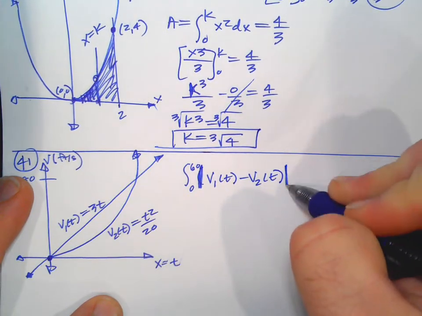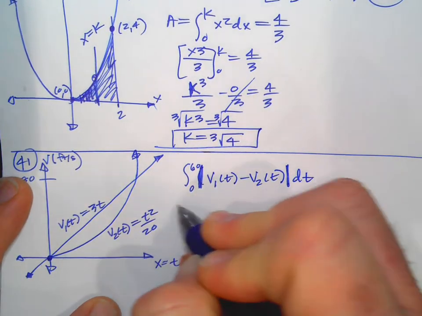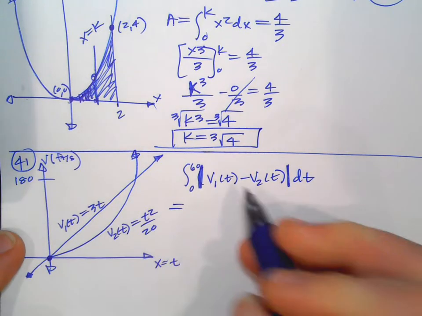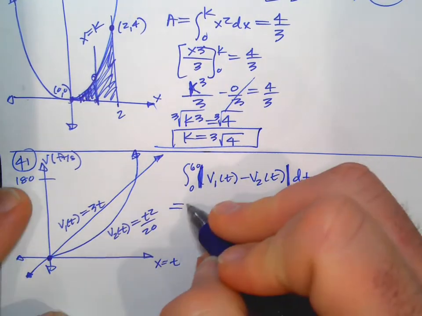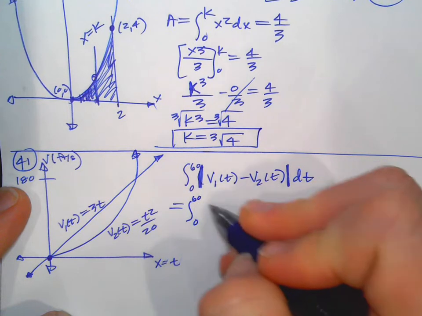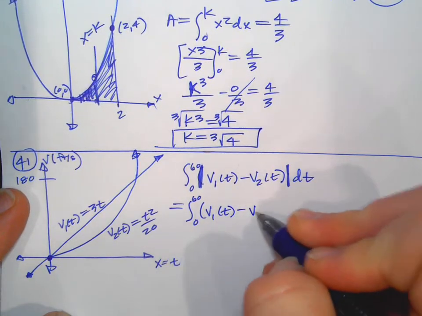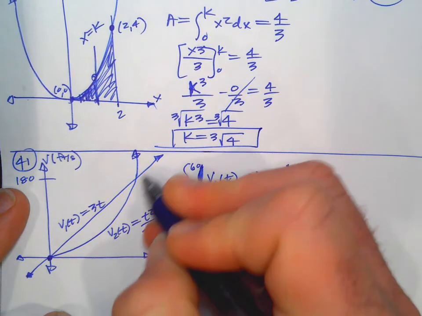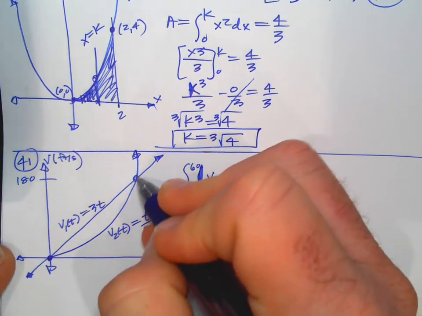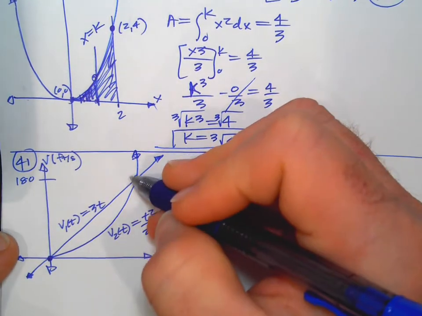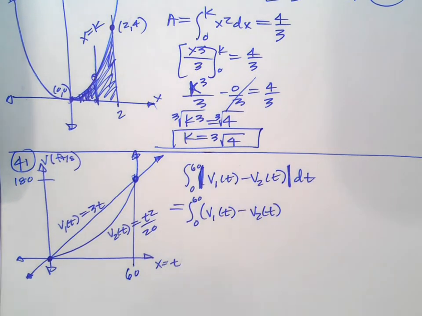Now, this is going to be a little simpler because we know how to make this positive for sure. So we don't have to do any of the tricky stuff. We can just say, oh, well, it's going to be velocity 1 minus velocity 2, because velocity 1 is always above velocity 2, at least for the time that we're concerned with, 0 to 60.